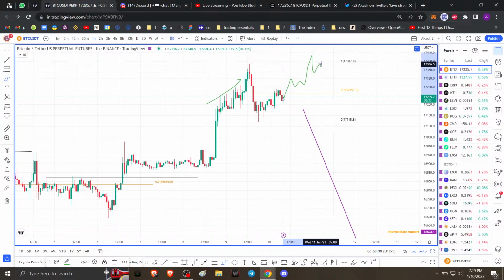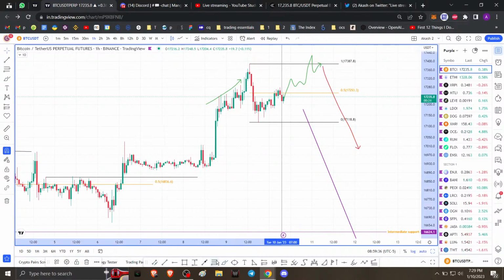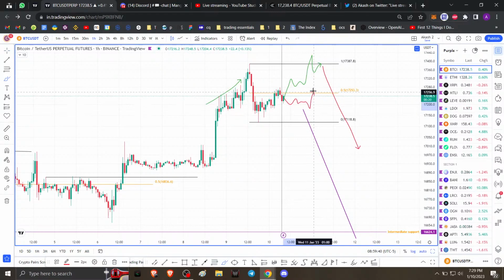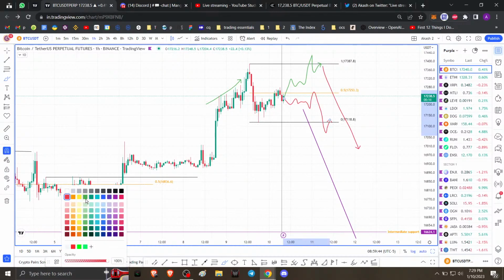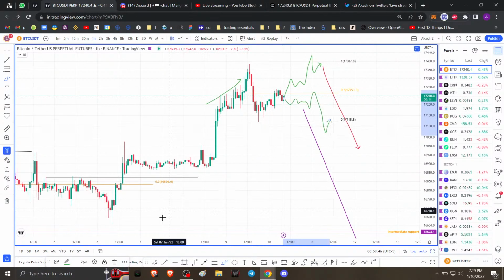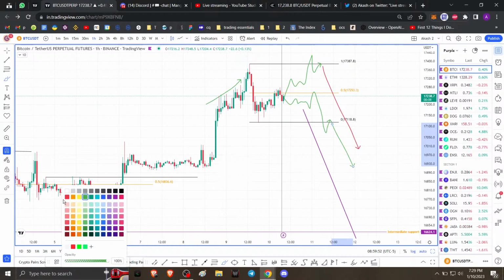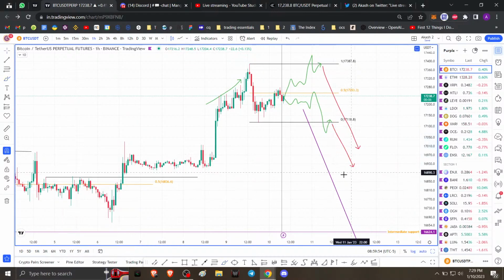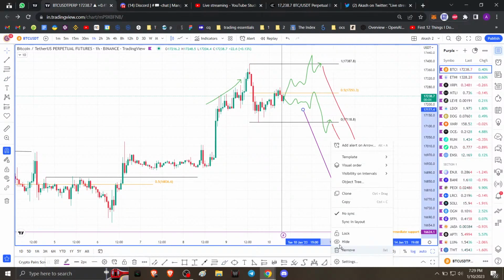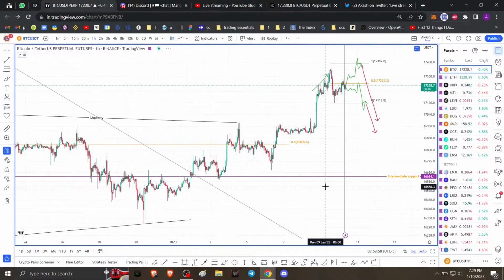If you get this, I'm looking to short this right here, right? But there is a pretty good chance we don't do that and price just fails to go down. And then once we get this, this is your next signal to start shorting it. Basically another short from here. So yeah, this is what I'm expecting from Bitcoin going forward.